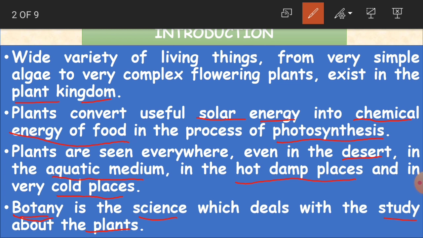They convert the solar energy into chemical energy of food. When does this happen? This happens in the process of photosynthesis. And plants are seen everywhere, like in deserts, water areas, hot and damp areas, and cold places. And what is the study of plants known as? It is known as botany.